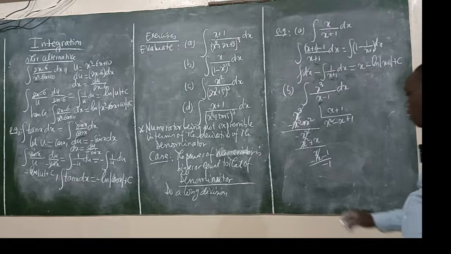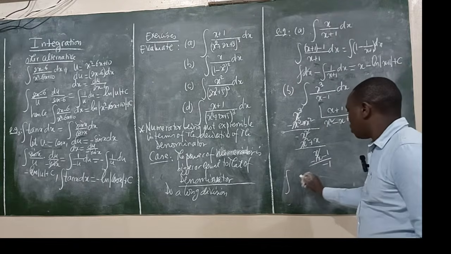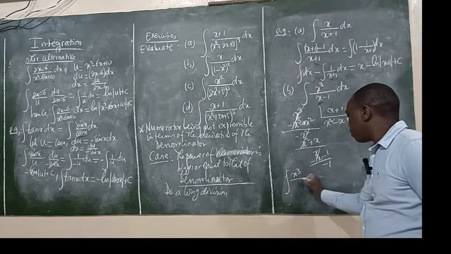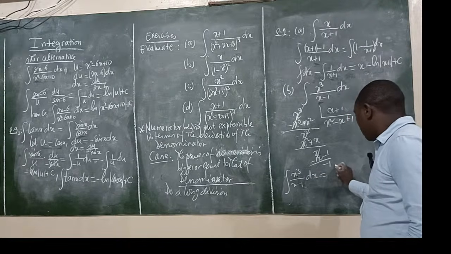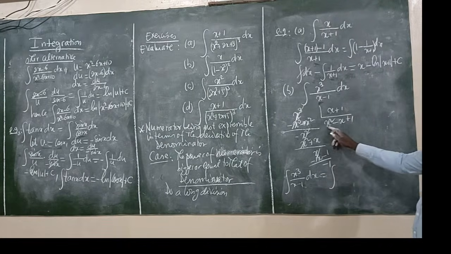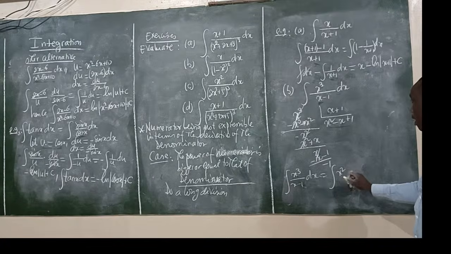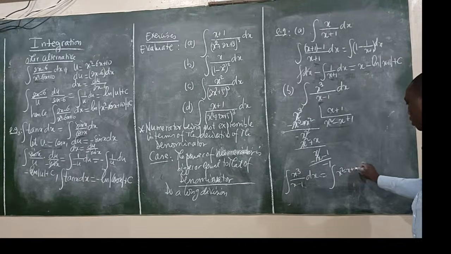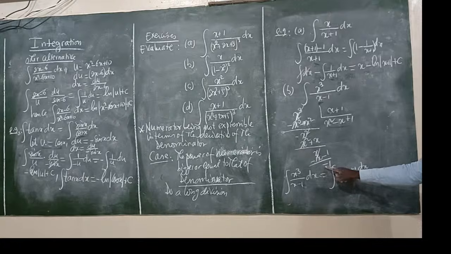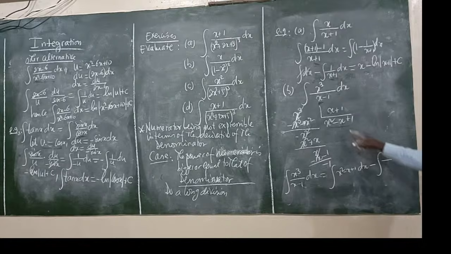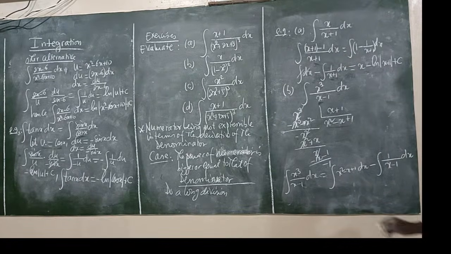Therefore, the integral of x to the 3 over x minus 1 dx is the integral of x squared plus x plus 1 dx, plus the integral of the remainder, 1 over x minus 1 dx.